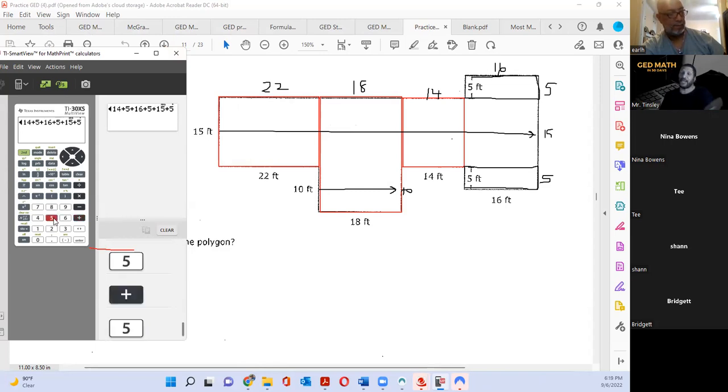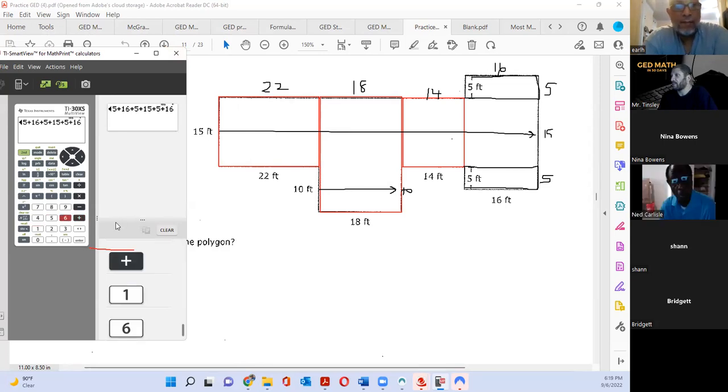And what you usually do is, as you're typing them, check, so you won't make a mistake. Plus 16, plus 5, 210, plus 14 plus 10 plus 18 plus 10 plus 22.